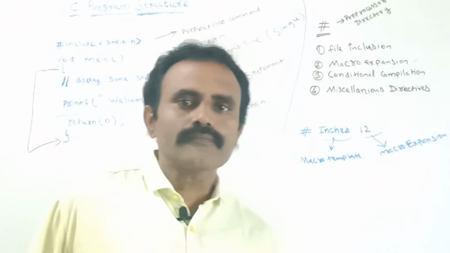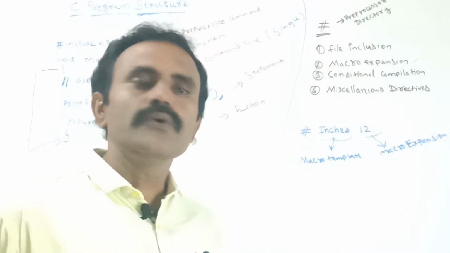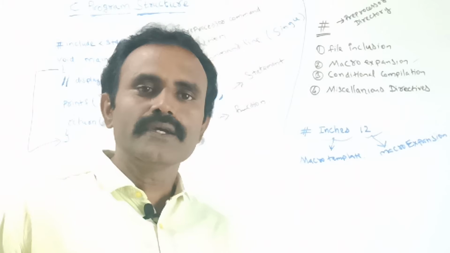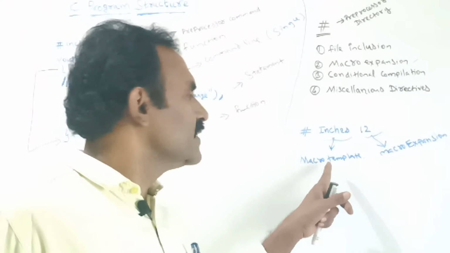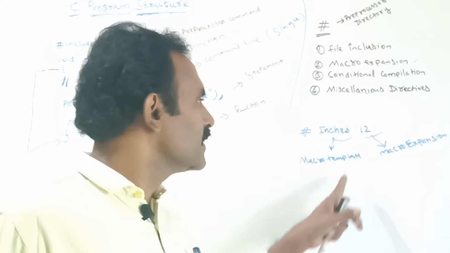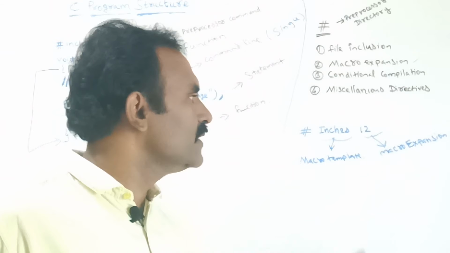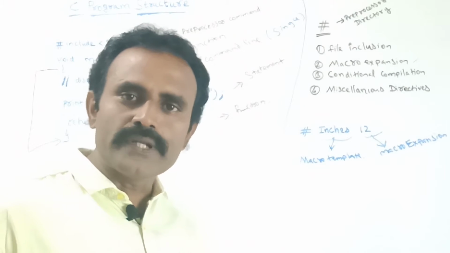See, in a program, this macro template can be called many times. Whenever we define the macro template in the source code, the corresponding value will be calculated or included in the source code, that is, the program.